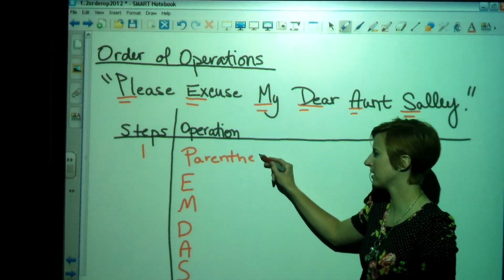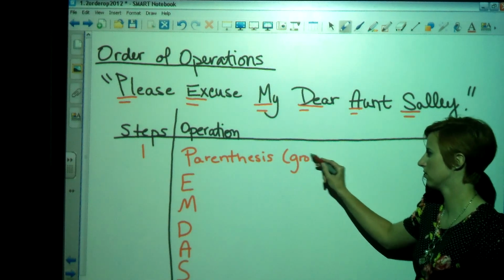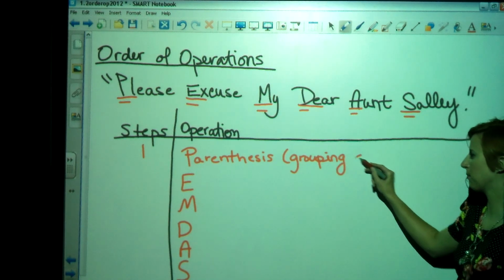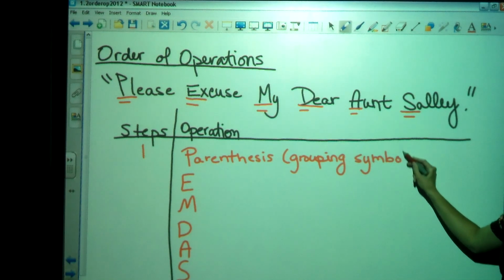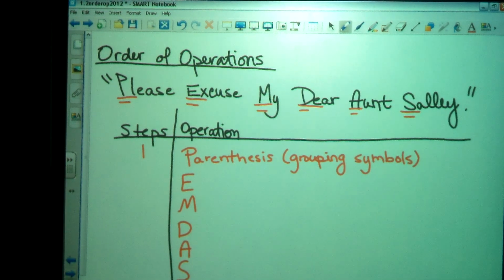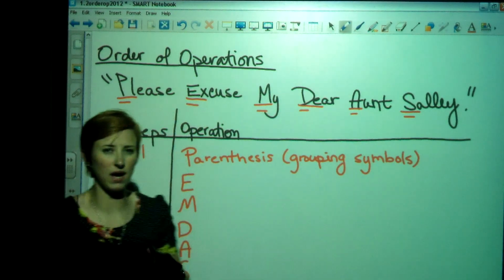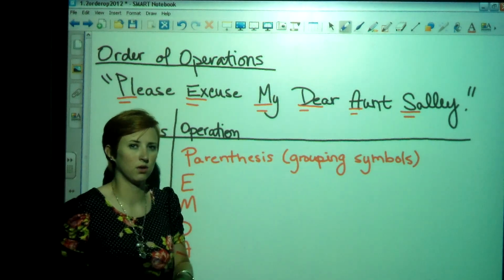And don't think parentheses is strictly just parentheses. It's all grouping symbols. So it could be brackets, braces, parentheses, it could be anything. So the first step is to evaluate the parentheses or your grouping symbols.